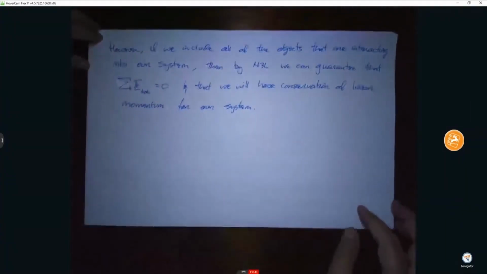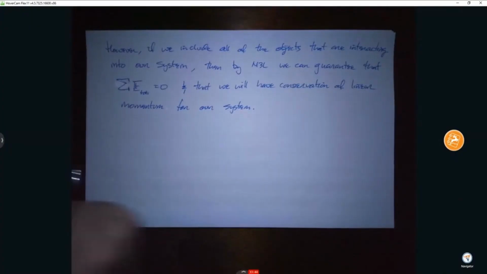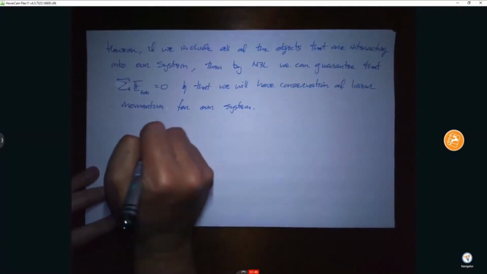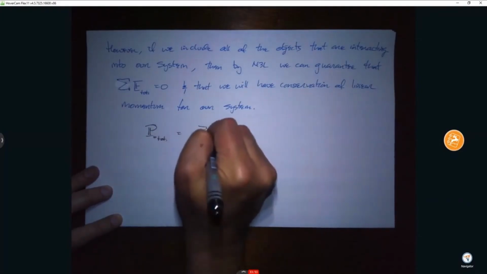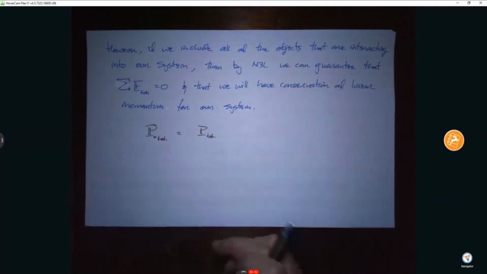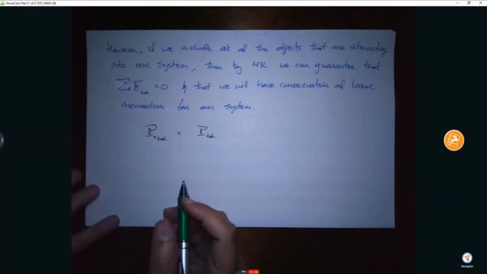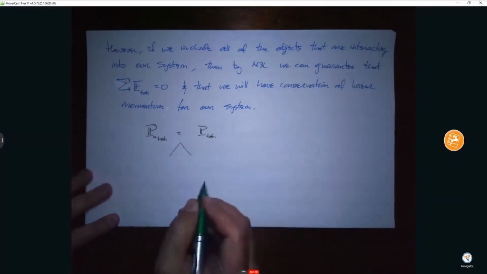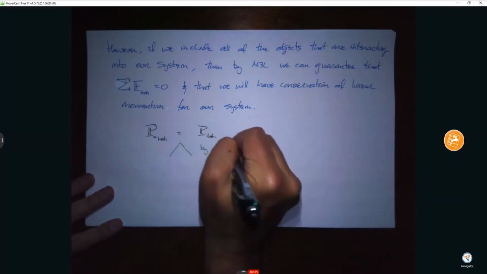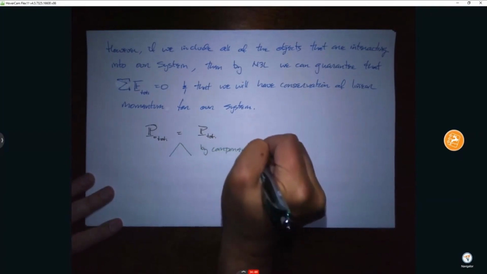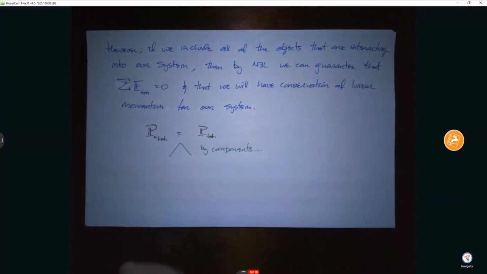And so what we end up with are things like: the initial total momentum is our final total momentum. And of course, the way we handle this is by components. So you would do X's and Y's, let's say.